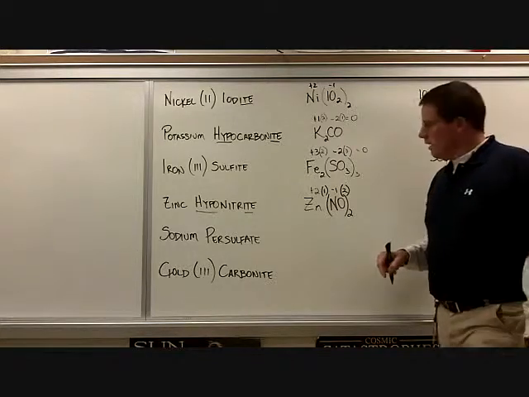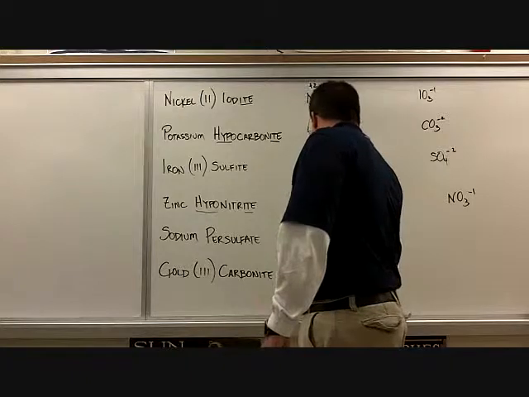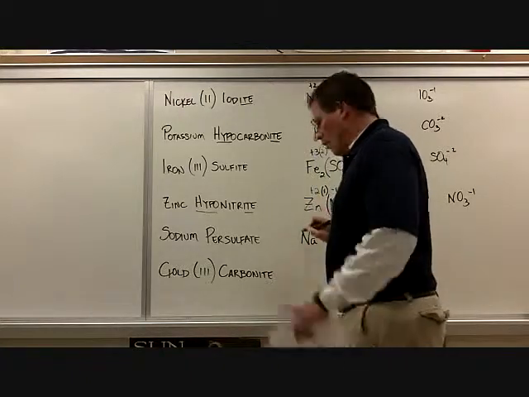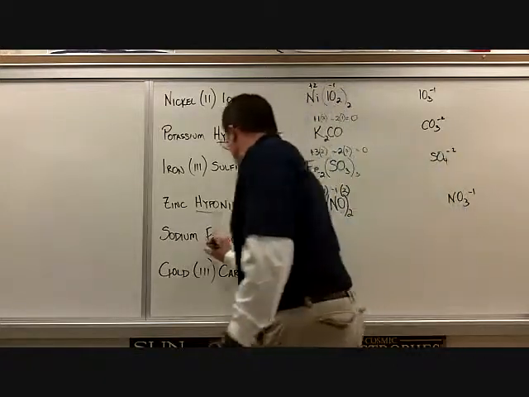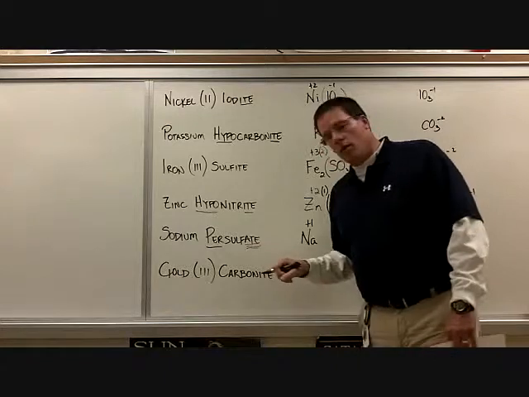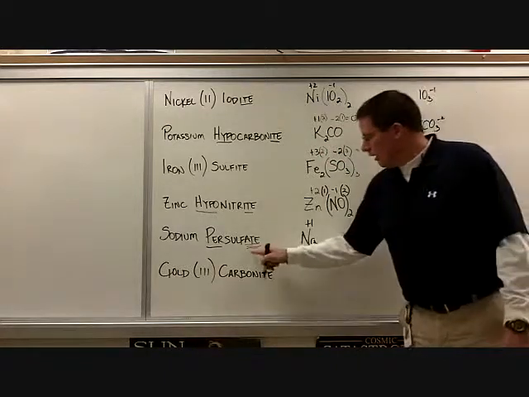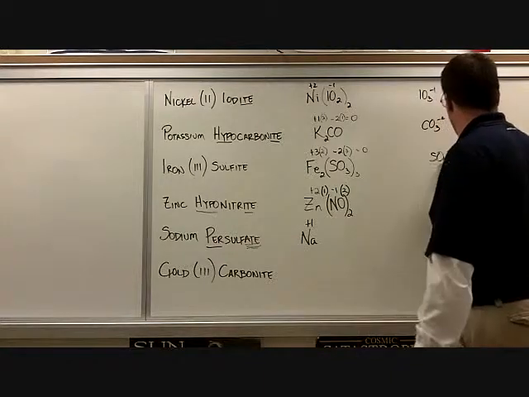Getting a little easier? Sodium persulfate. Sodium, Na, and the charge on sodium from your periodic table is +1. Persulfate, here we go. We have our per, and that tells us we don't change the ending of this because the per means we're adding 1 more. So sulfate, which I have right here.